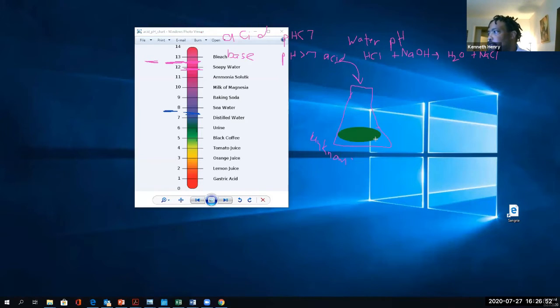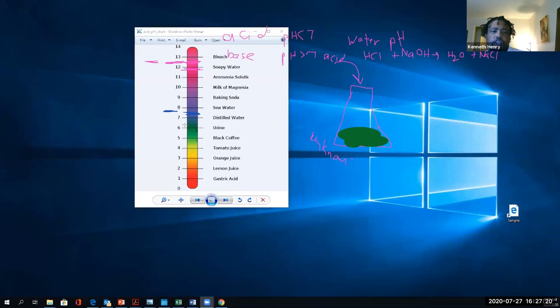If my solution is like that, where would you say that is? It would be somewhere between 7 and 6. So is that acidic or basic? It would be acid, so it would be acidic. That's right. So that's how you would use that scale.